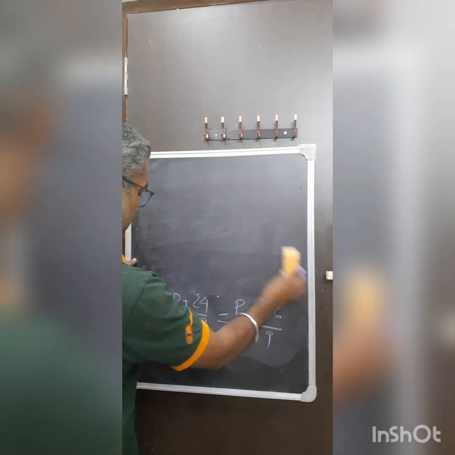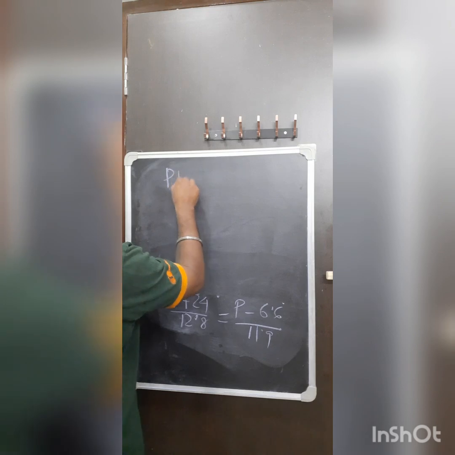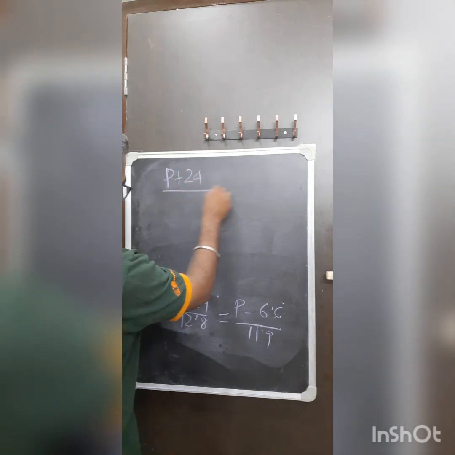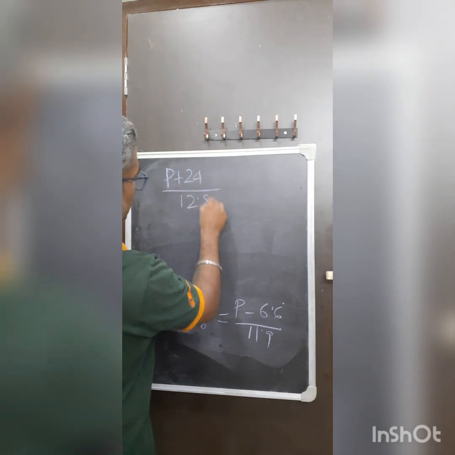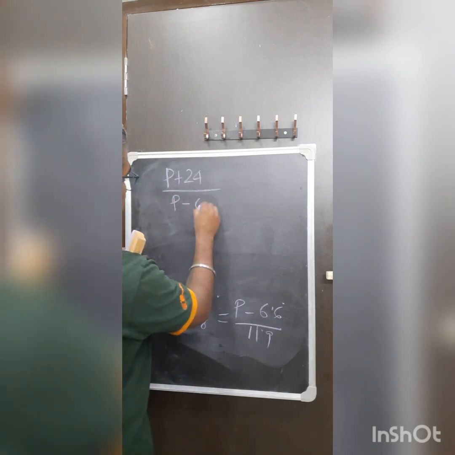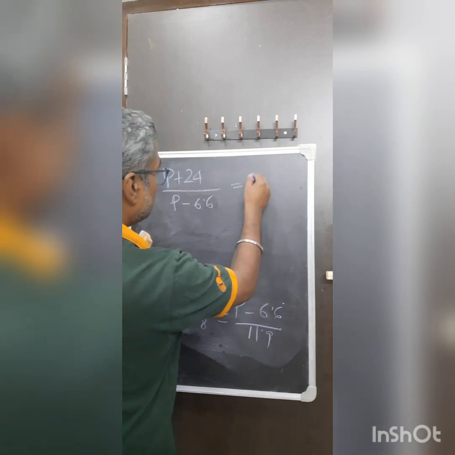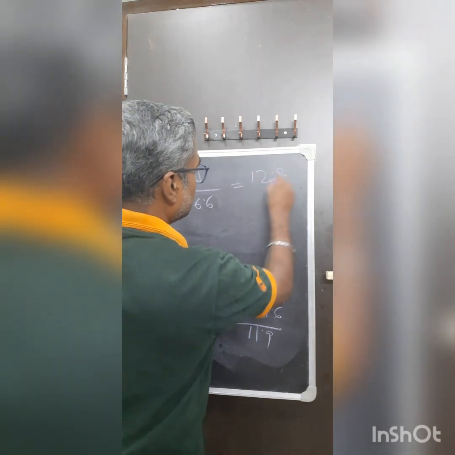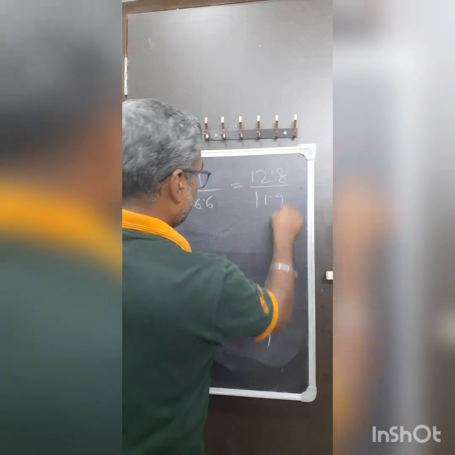The final equation is P plus 24, I bring it here, P minus 6.6, equal to 12.8 by 11.9.